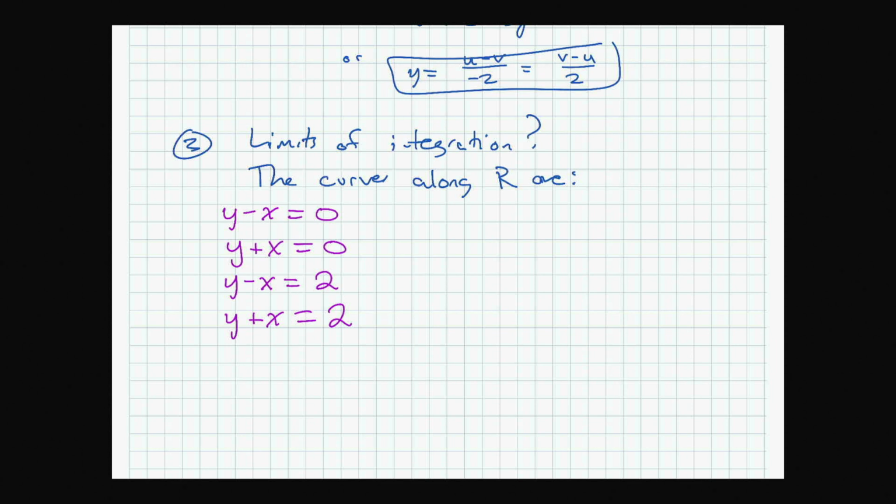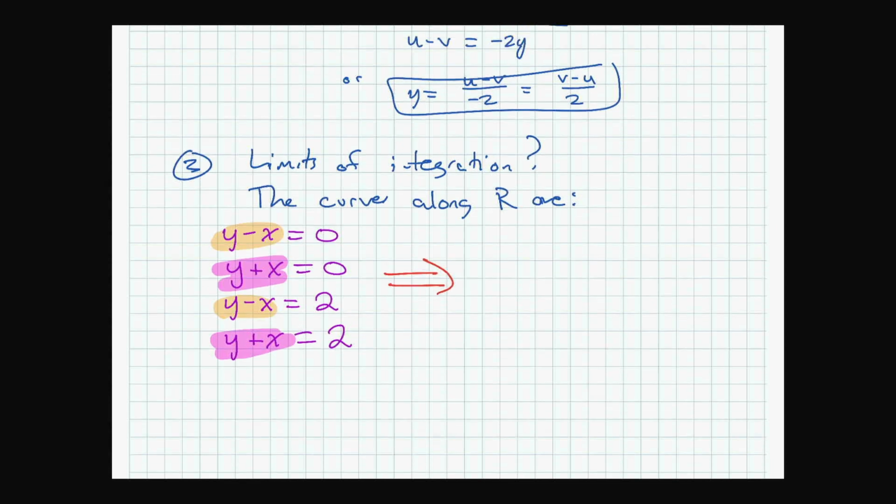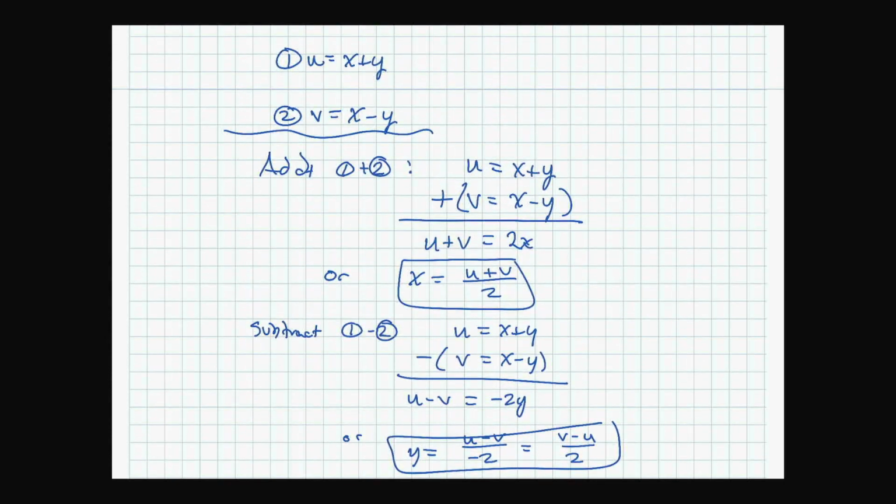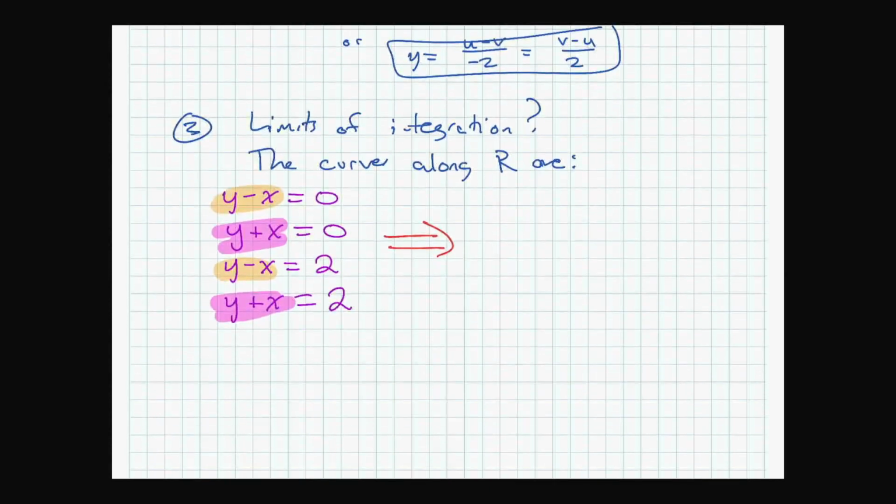What you do is just figure these out here. You have y minus x and y minus x, and also y plus x and y plus x. Well, what is y plus x? x plus y is u, and the other one, y minus x, is v.